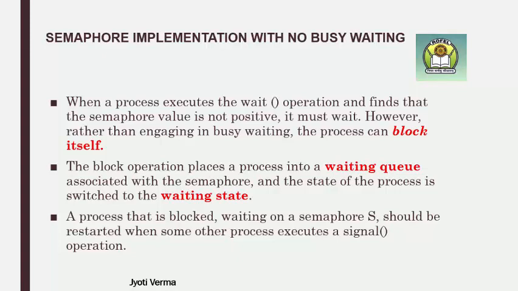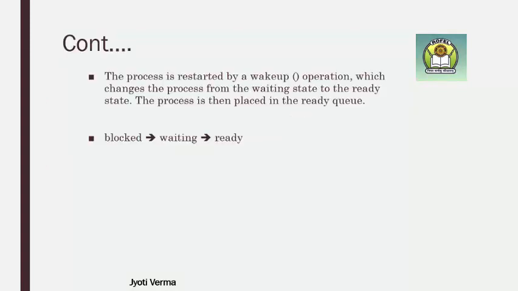If the semaphore is not available, then that process will be set to waiting state. A process that is blocked waiting on a semaphore S should be restarted when some other process executes a wakeup operation, which changes the process from waiting state to ready state. The process is then placed in the ready queue.